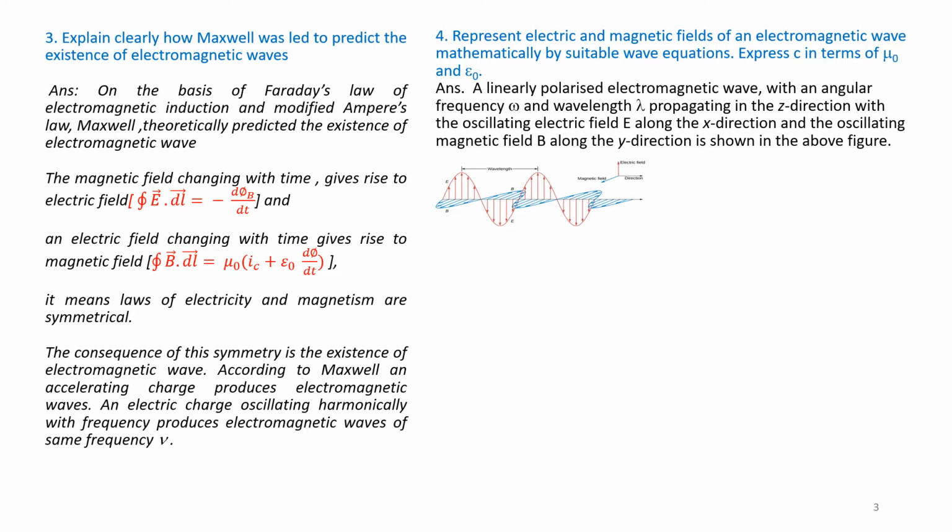The blue colored wave here is an oscillating magnetic field. And if you expand this part, you will see the vertical part is an electric vector, the electric field.